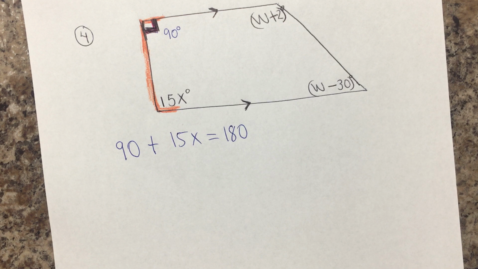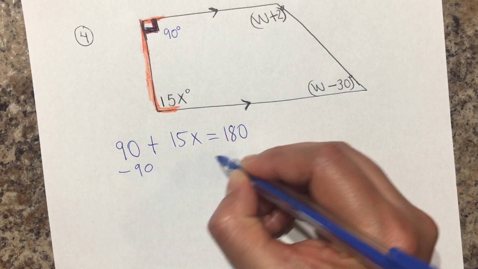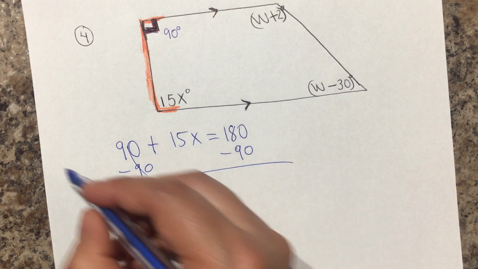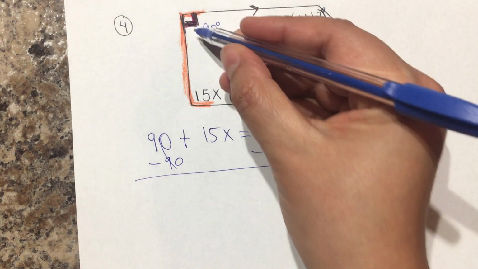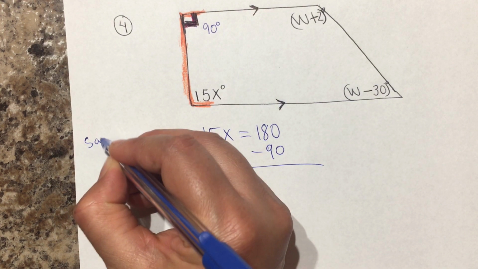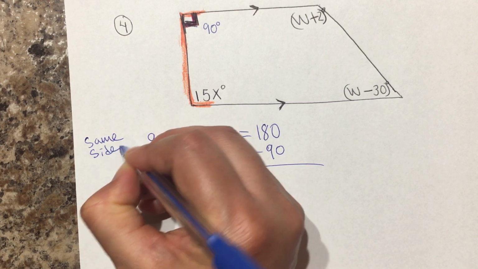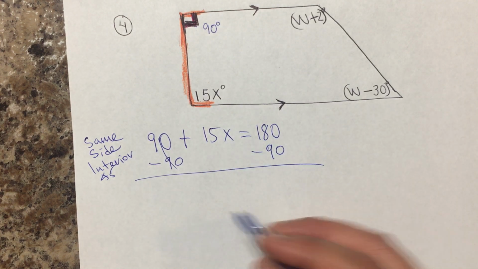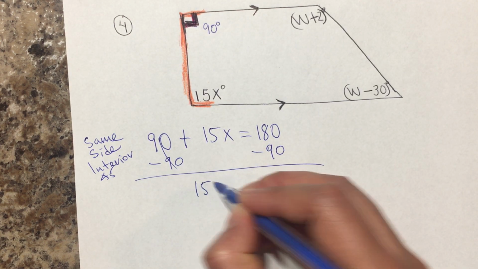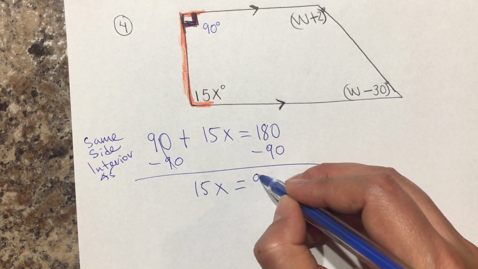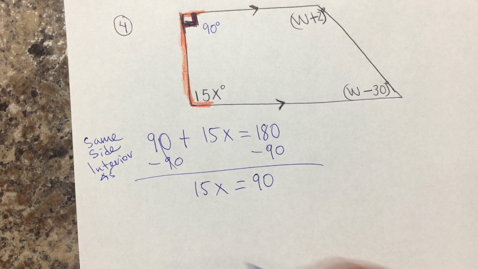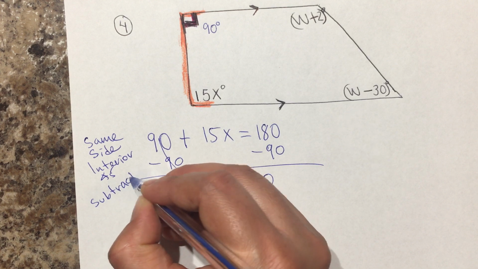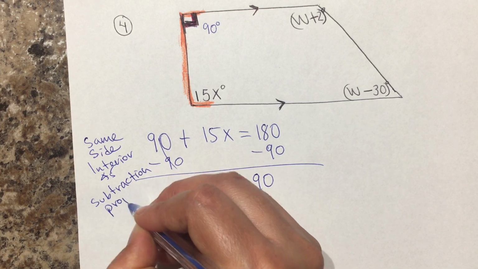Now we subtract 90 from both sides. Oh, and the explanation for this one is that they are same side interior angles. We subtract 90, so 15x equals 90. Again, this is the subtraction property.